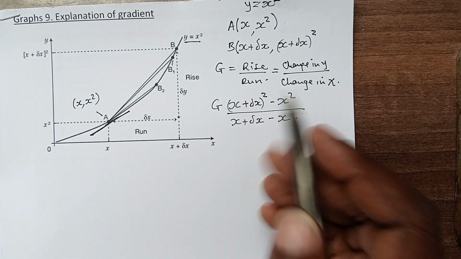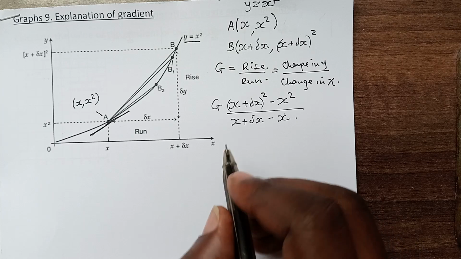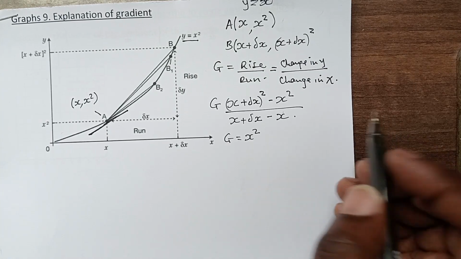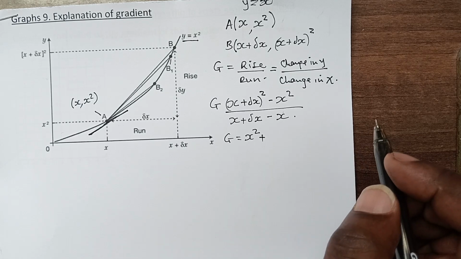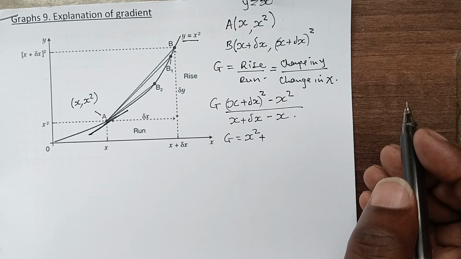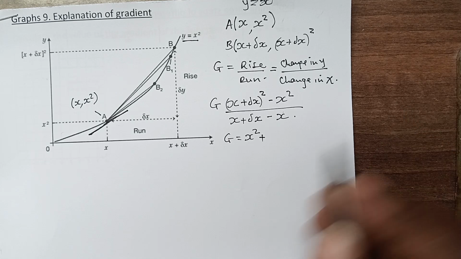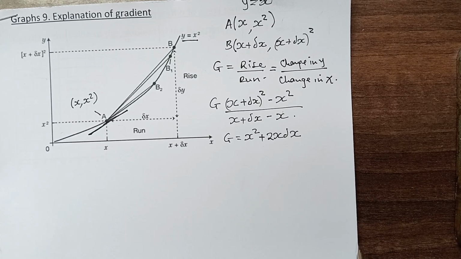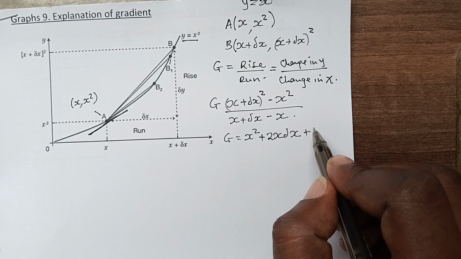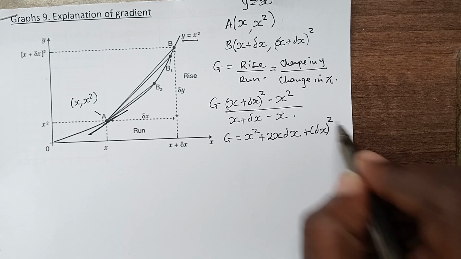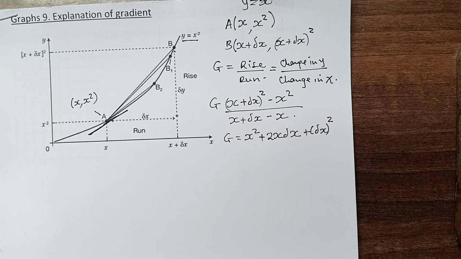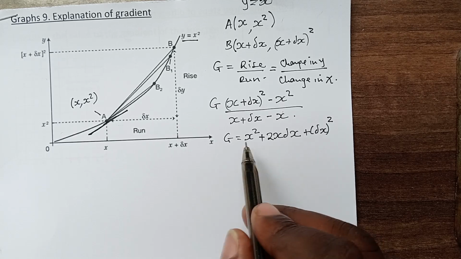And we want to open up this bracket, which gives us the gradient becomes x squared plus, if you know how to open the bracket, x dx plus another x dx, which gives us 2x dx, plus dx squared. We have now opened this bracket, and if you like, you can open it separately. You will always get this.